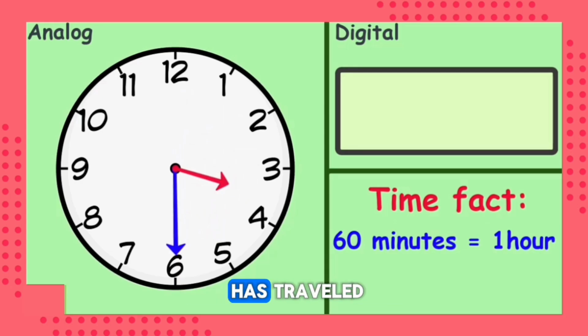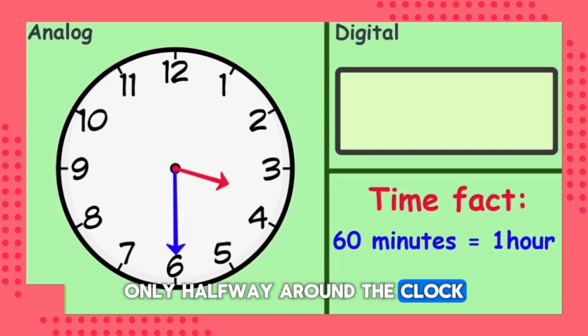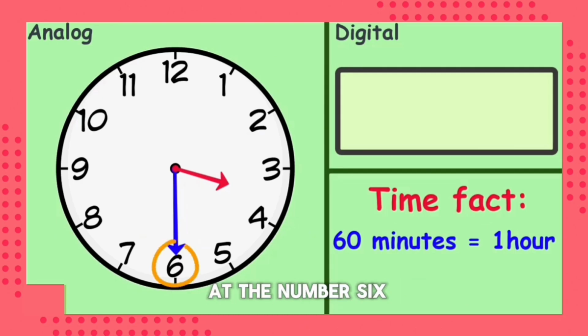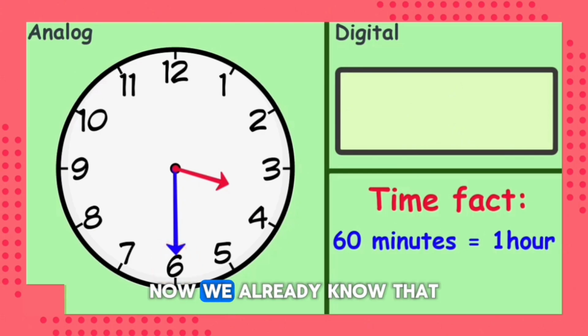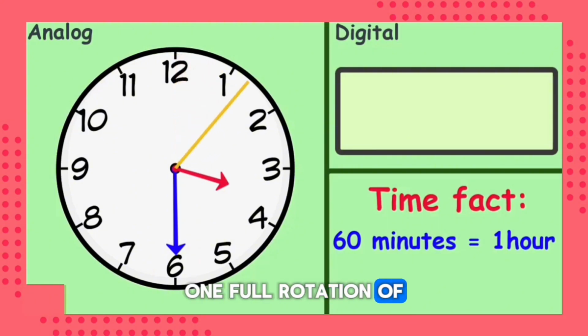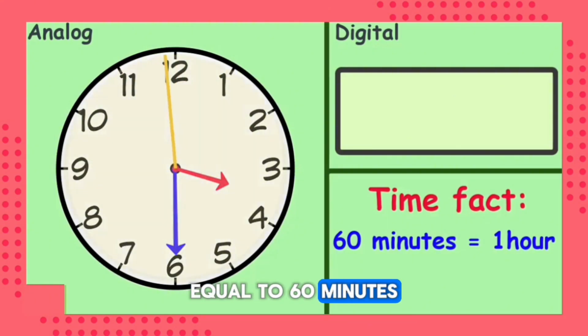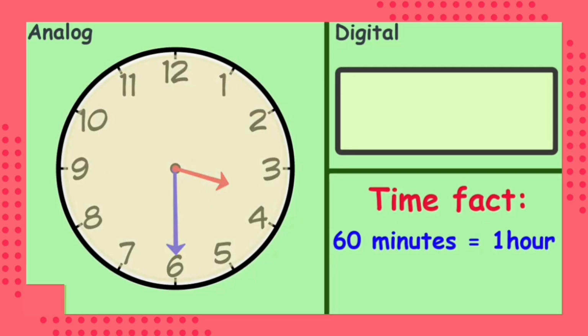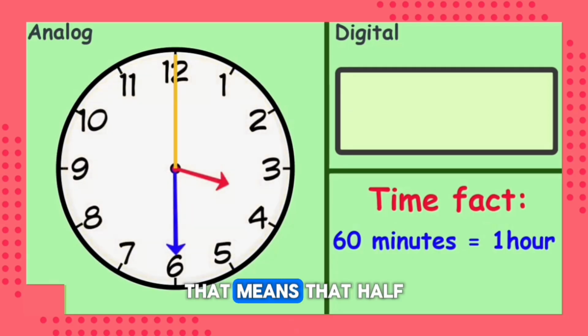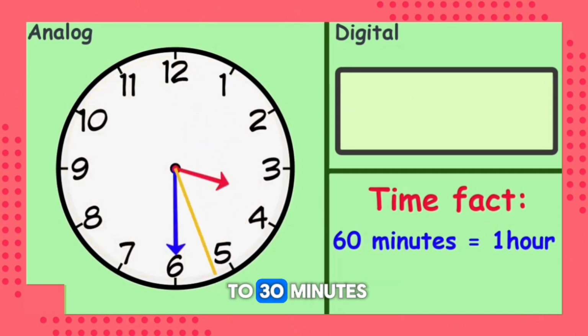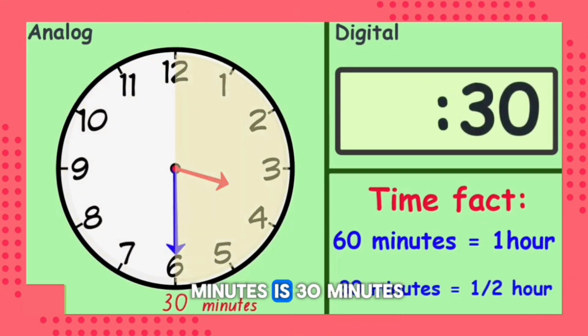Since the minute hand has traveled only halfway around the clock, it is now pointing at the number 6. Now we already know that one full rotation of the minute hand is equal to 60 minutes. So that means that half a rotation is equal to 30 minutes because half of 60 minutes is 30 minutes.